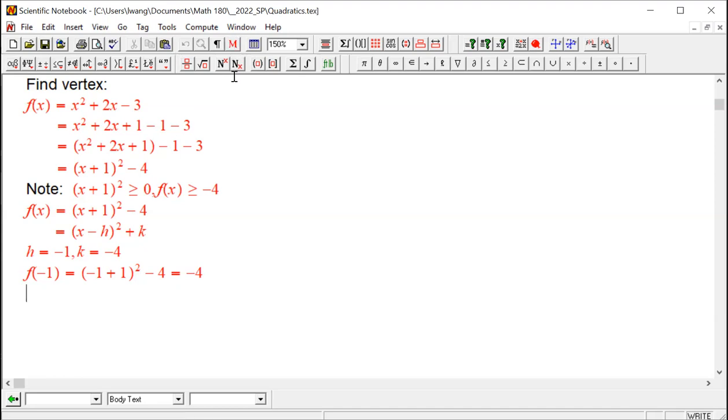If you plug in any other value, and the input can be any real number, you're going to get a value larger than -4. So -4 is the minimum of the output we can get.